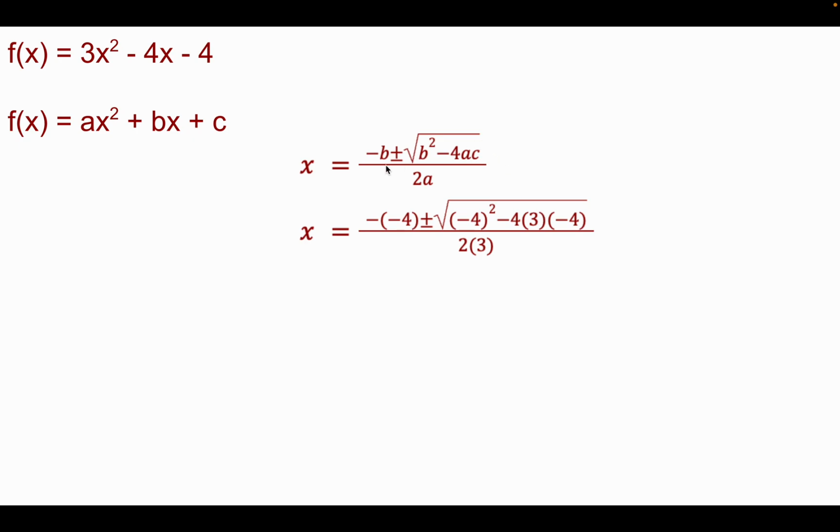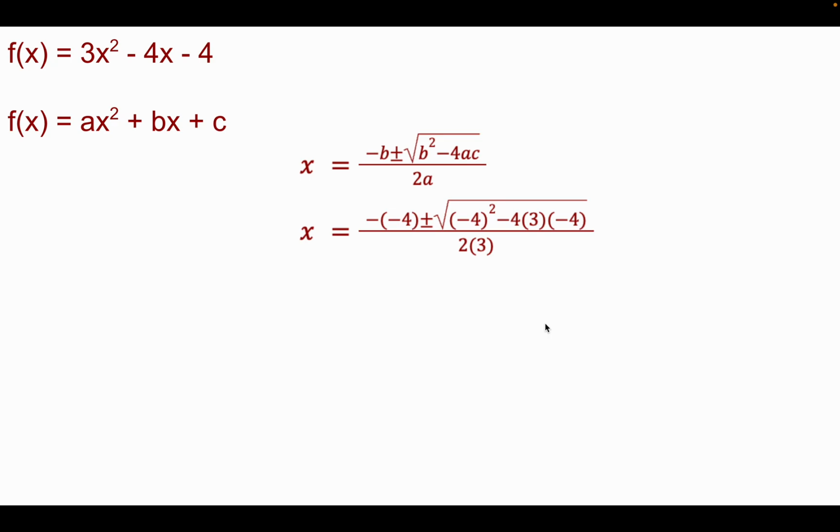So we're just plugging in for wherever there's a b in here, we're plugging in -4. Wherever there's an a in here, we're plugging in 3. And wherever there's a c, we're plugging in -4.